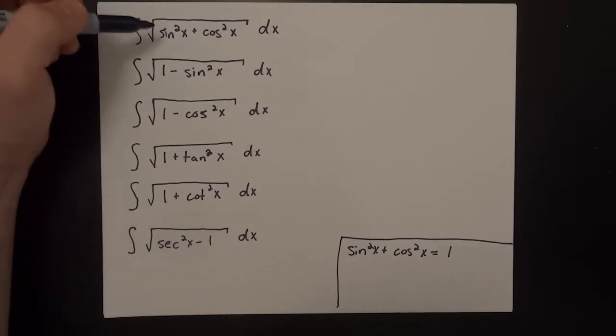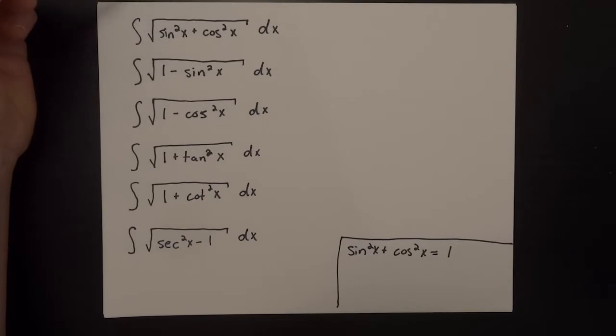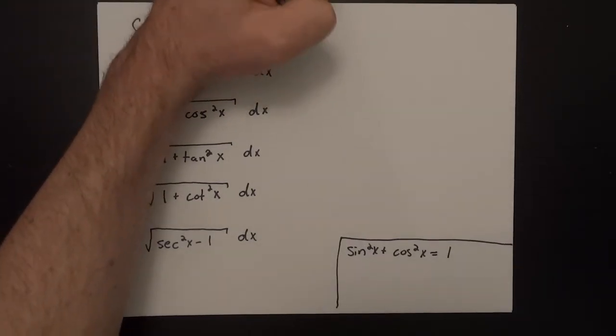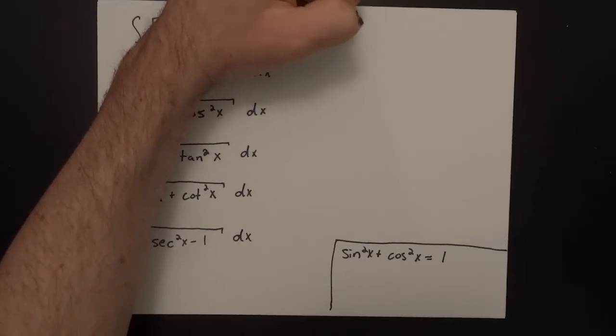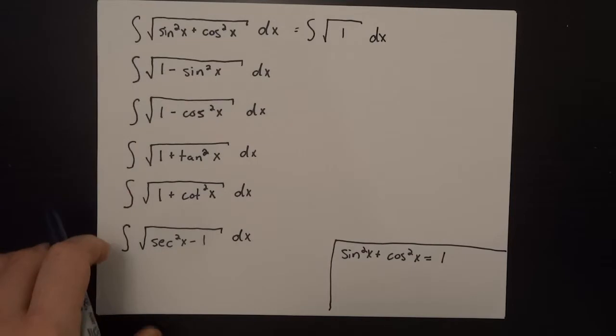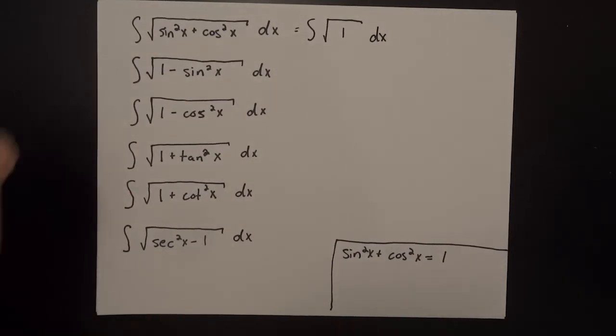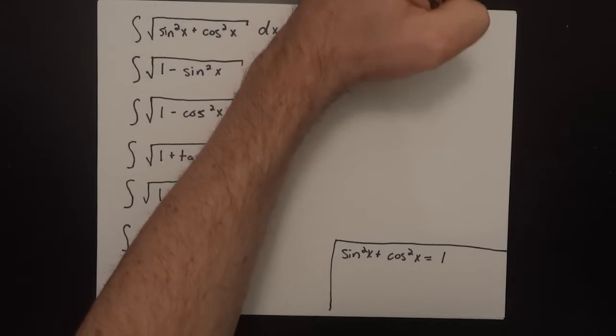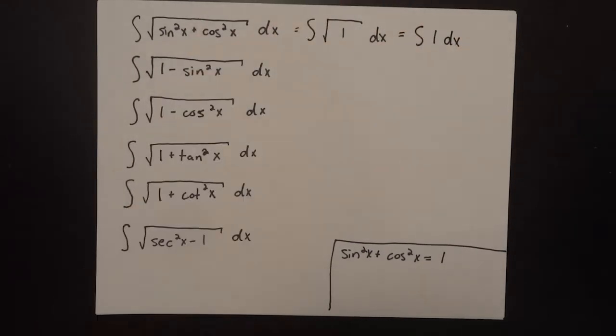Well, you could just replace the sine squared x plus cosine squared x with 1, and you would end up with something like this. The integral of the square root of 1 dx, which is just the integral of dx, basically.